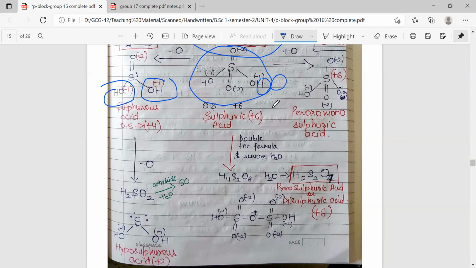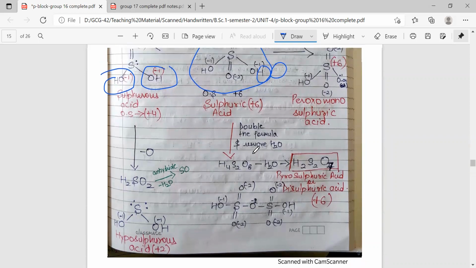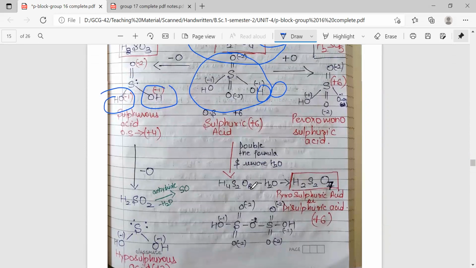This is how pyrosulfuric acid, or disulfuric acid, is generated. Doubling the formula gives H4S2O8, and by removing a water molecule we have H2S2O7, which is pyrosulfuric acid, or disulfuric acid, having sulfur in the +6 oxidation state.